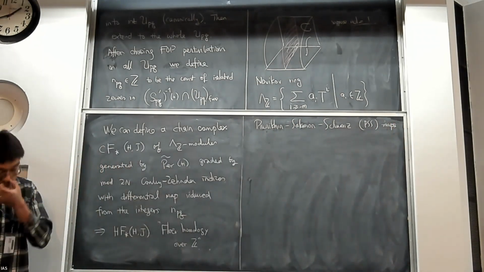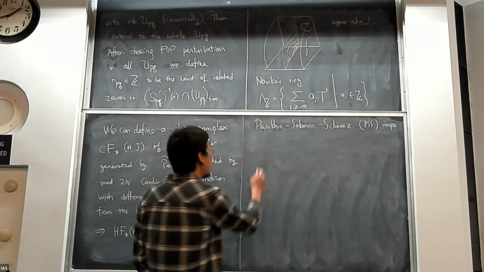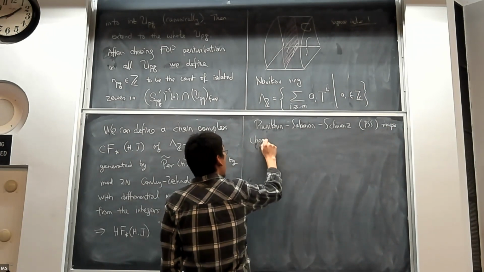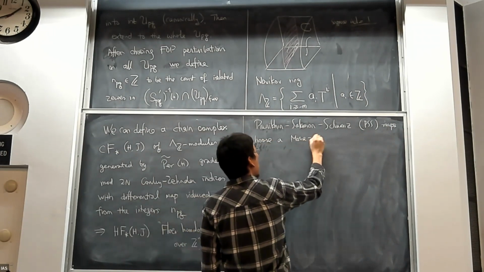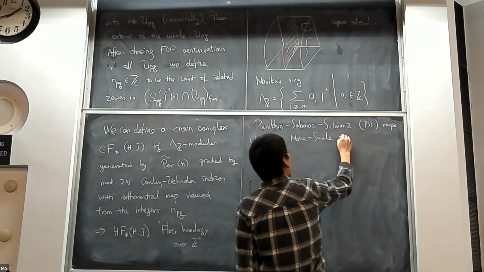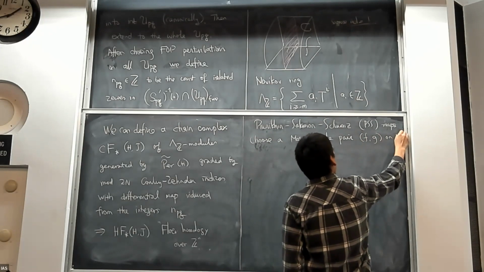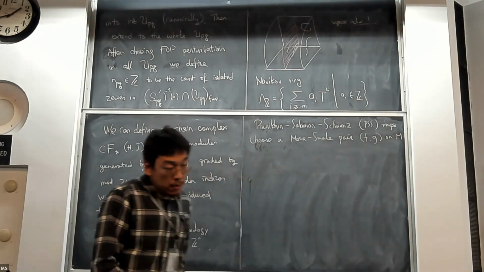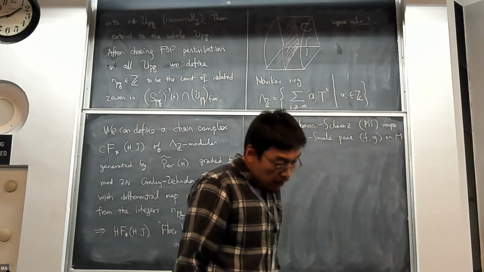So we choose a Morse function on the manifold and a metric, satisfying the Morse-Smale condition. And then we can define the Morse complex.